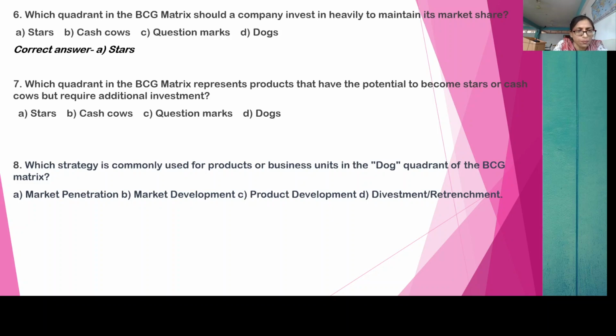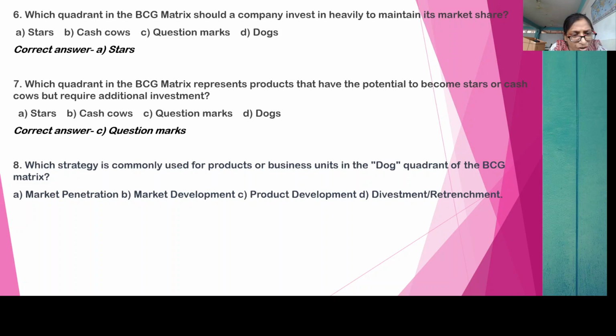These are the best products in our portfolio, and we need to retain that market share. Which quadrant represents products that have the potential to become stars or cash cows but require additional investment? Of course, question marks, which we also call problem child.